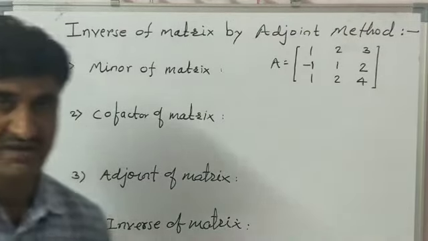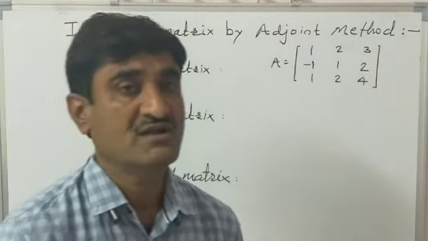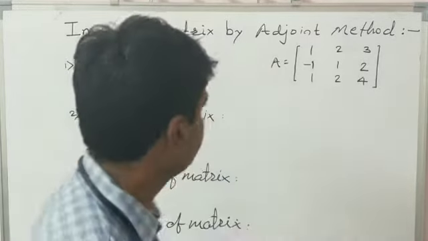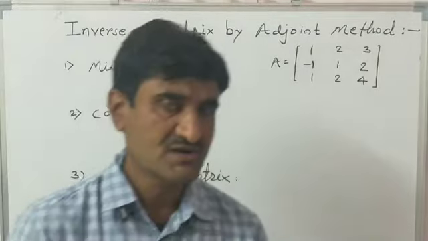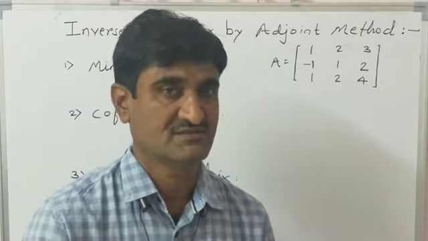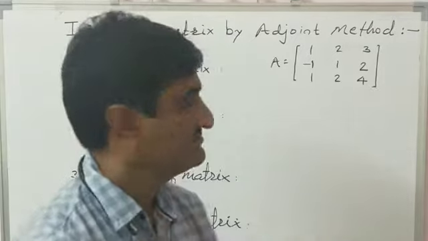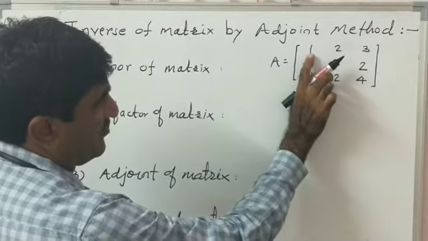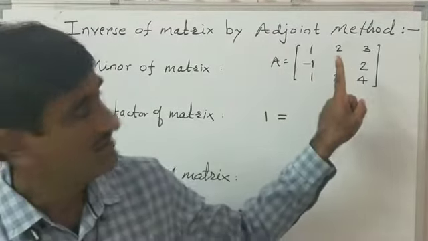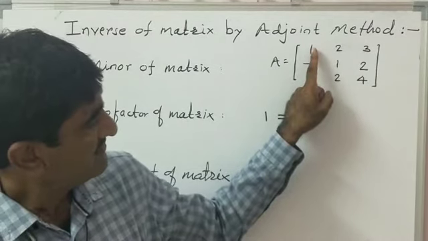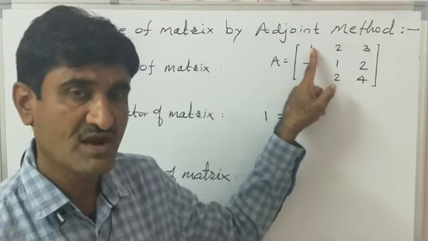Then what is the minor of a matrix? We consider here a matrix A of order 3 by 3. Minors are defined for the elements. Listen here. For this element 1, in the first row and first column, we eliminate the first row and first column.